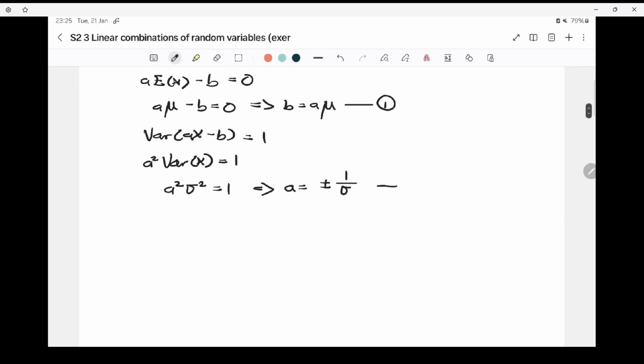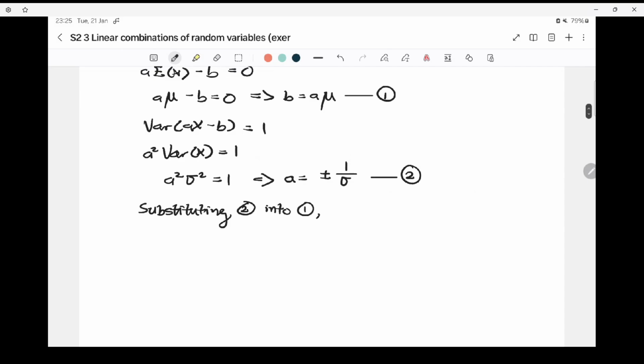So now you substitute equation 2 into equation 1. So what you have is basically b equals plus or minus mu over sigma.